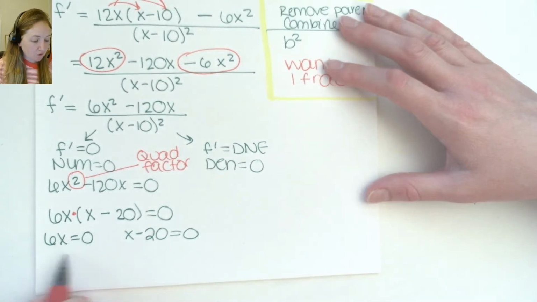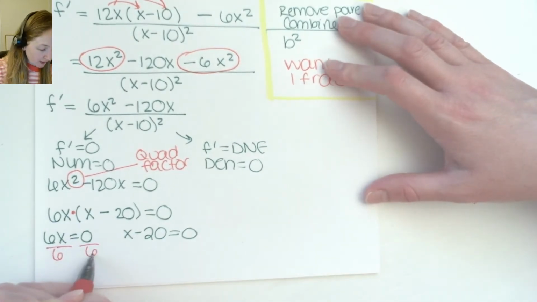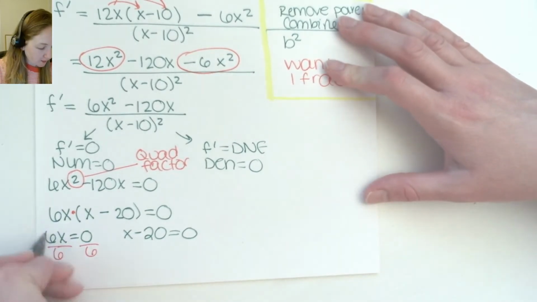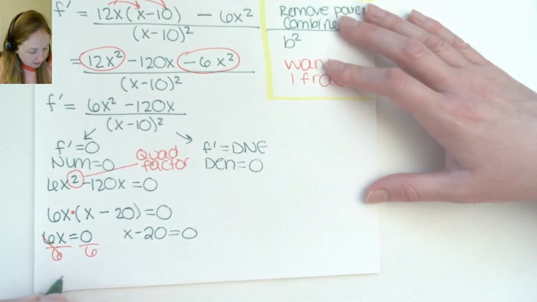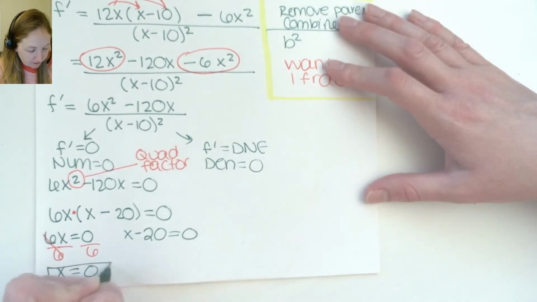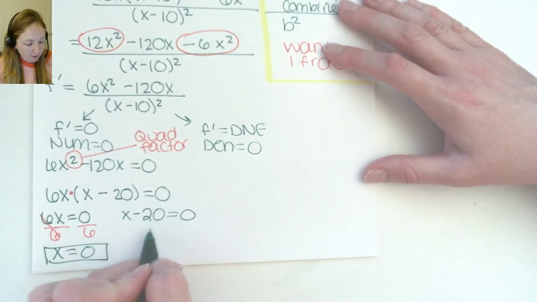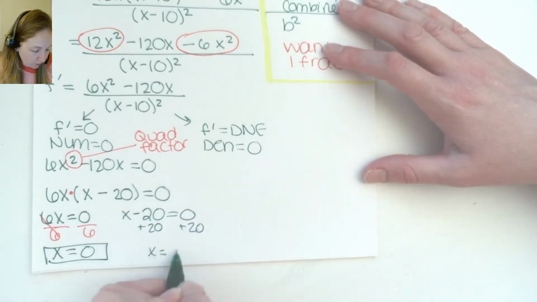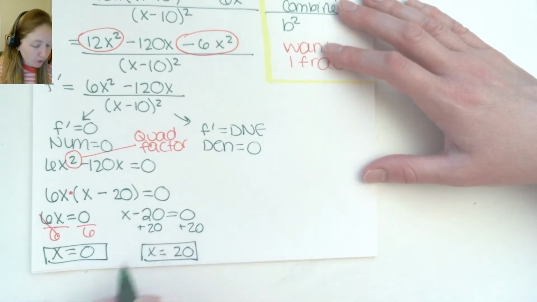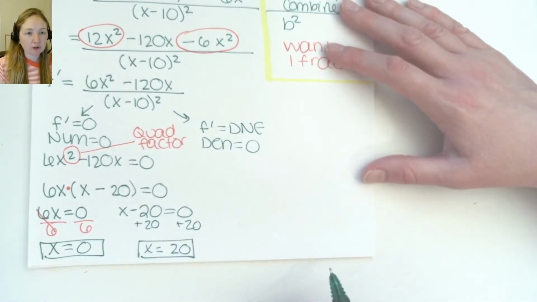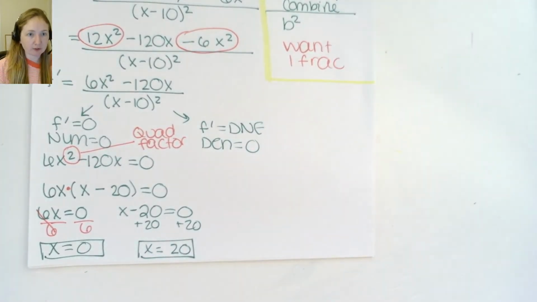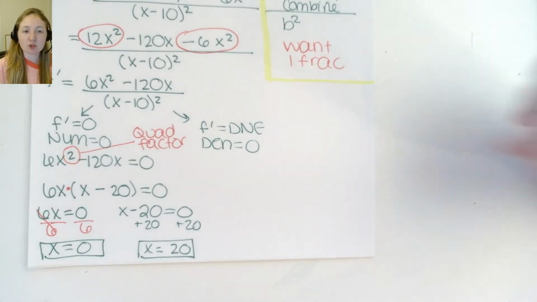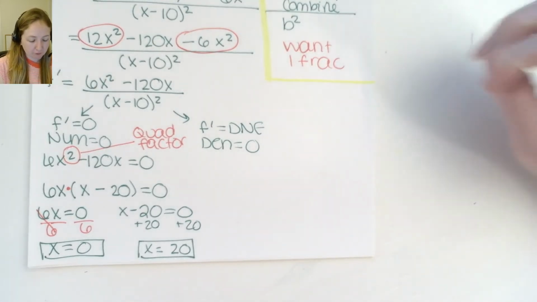You'll notice that this first factor does have an x, so you do need to solve for that. So I simply divide by 6 and get x is equal to 0. Then over here, add 20 to both sides, and I get x is equal to 20. Now, those two numbers actually are critical numbers because they are not domain restrictions. So those would be two official critical numbers.